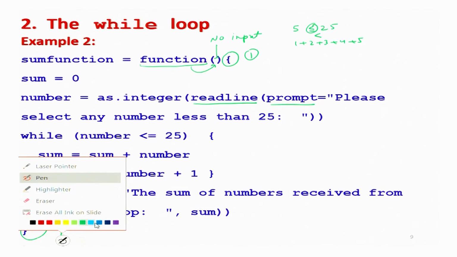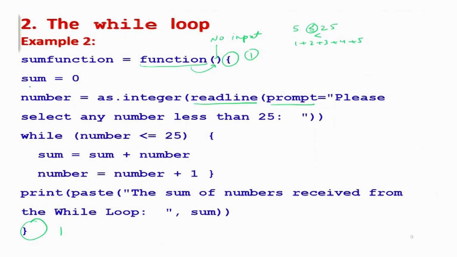After this I take an initial variable sum. This is initialization, right, and then I choose a number, which is the number I want someone to enter, and the sum up to this number is going to be found. This number has to be an integer, that is my requirement.